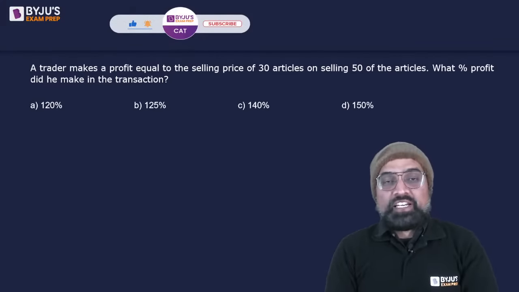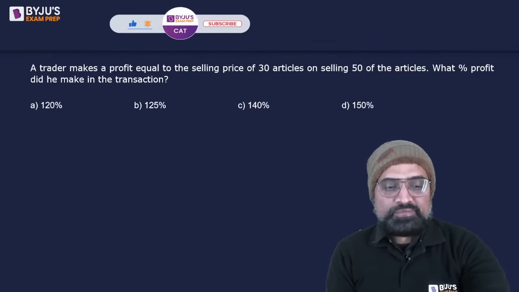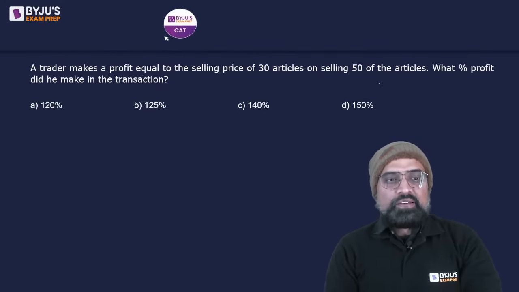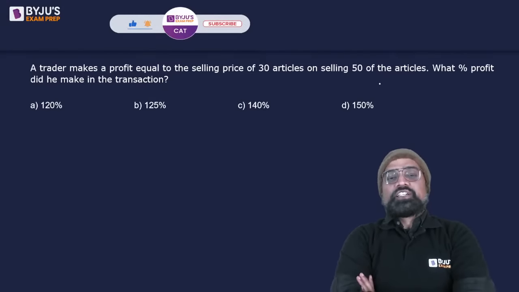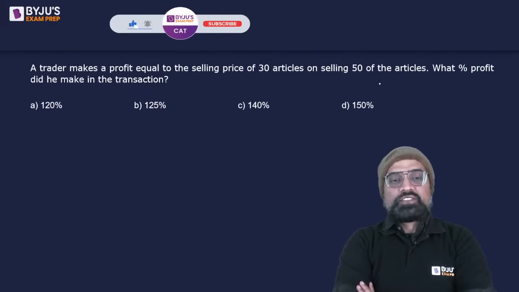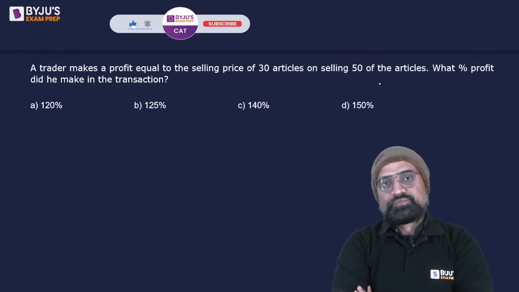No, it is the diameter, Abhishek, the radius will be 9, right? So a trader makes a profit equal to the selling price of 30 articles on selling 50 of the articles. What profit percentage did he make in the transaction?